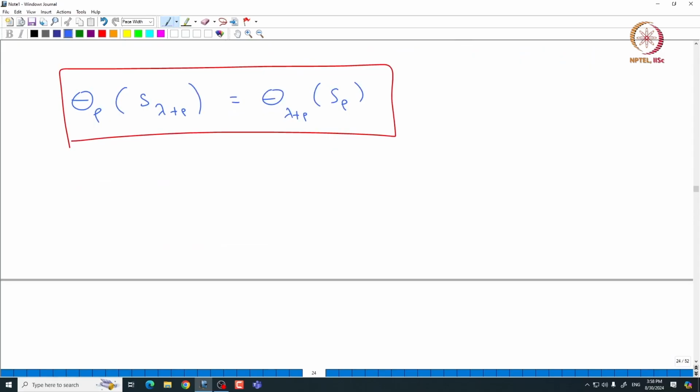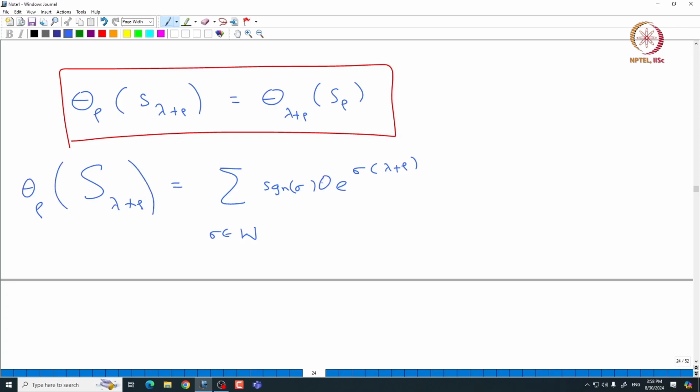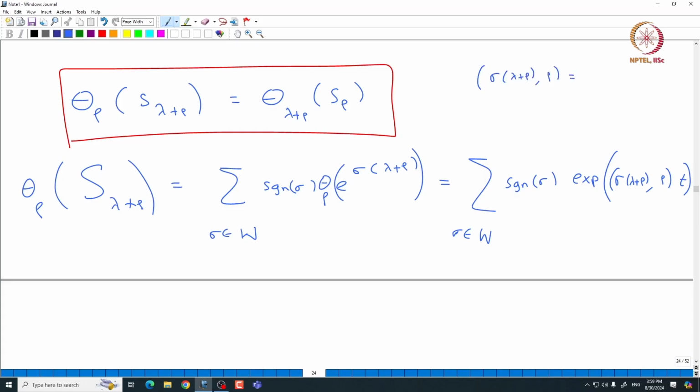So, what is S of lambda plus rho? Again let us recall, S of lambda plus rho is given by the sum of sign of sigma times e power sigma of lambda plus rho, where sigma is in W. Now if you apply theta rho on this, it is going to be exactly equal to the summation of sign of sigma times the exponential of sigma of lambda plus rho comma rho times t, where sigma runs over W. Now, note that the inner product of sigma of lambda plus rho with rho is exactly equal to the inner product of lambda plus rho with sigma inverse of rho, and the sign of sigma is the same as the sign of sigma inverse.